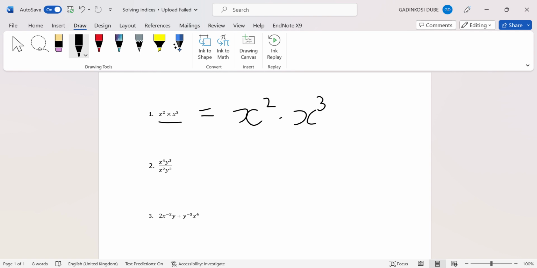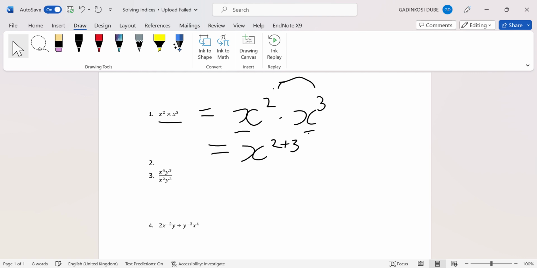In such a case, the bases are the same and it's multiplication, so you just add the powers. That's how you simplify it. You're going to have the base, and then the powers 2 plus 3, which means your answer is going to be x to the power 5.